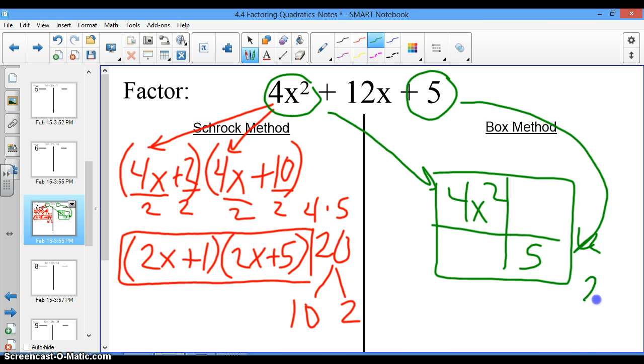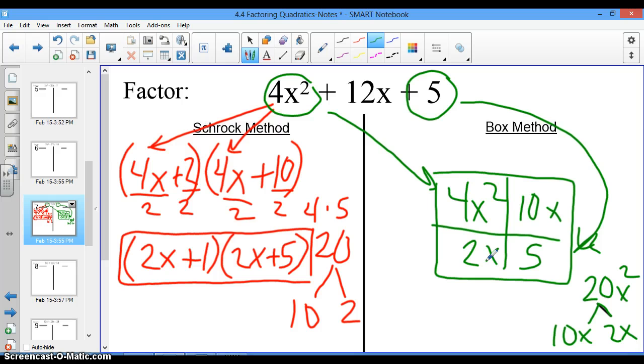Multiply them together, 20x squared. Two numbers that multiply to 20x squared and add up to 12x are 10x and 2x. So I put those in, 10x and 2x. It does not matter where I put those two numbers.